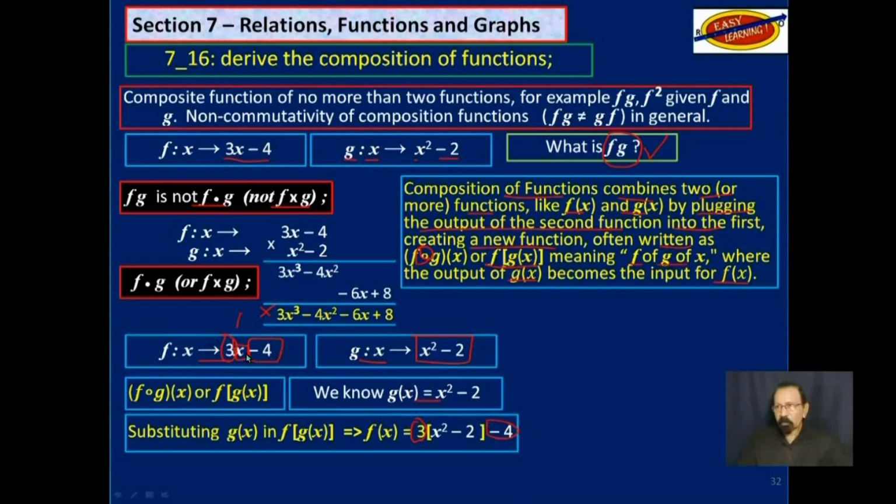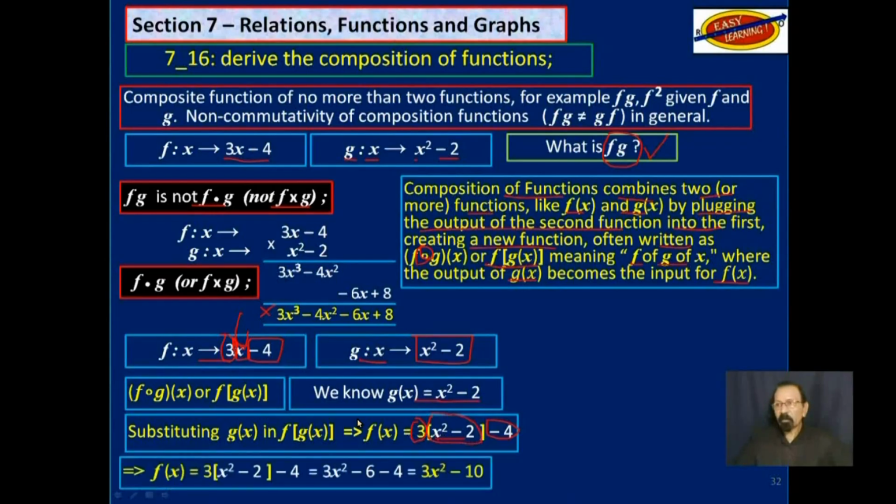All we are doing is removing that x from there, from here, and putting in g of x, which is x squared minus 2, which is this. So now the g of x becomes the input of f of x. And we simplify that, and we get this. Notice that answer down there is totally different from this one up here.